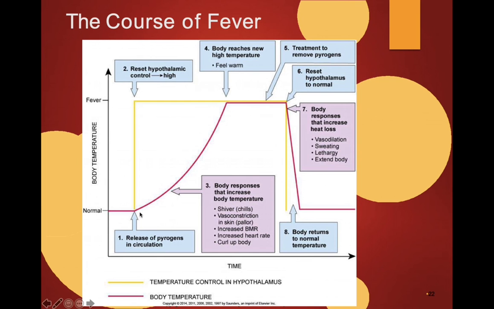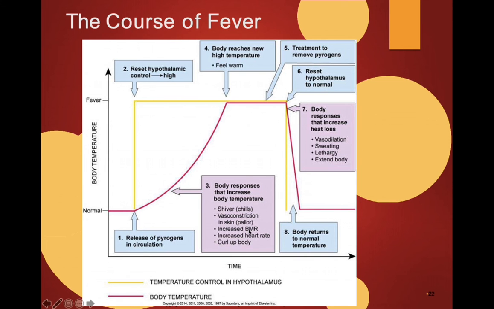So what'll end up happening is it'll reset the hypothalamus, and the body temperature will start to increase. As it starts to increase, you'll feel cold. There'll be shivering. There'll be vasoconstriction of blood vessels, so the person may lose their color. They may look pale. It's going to increase the basal metabolic rate.